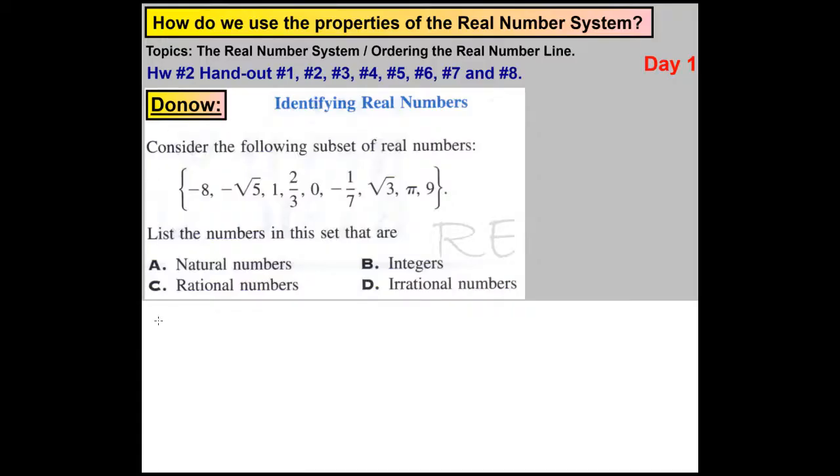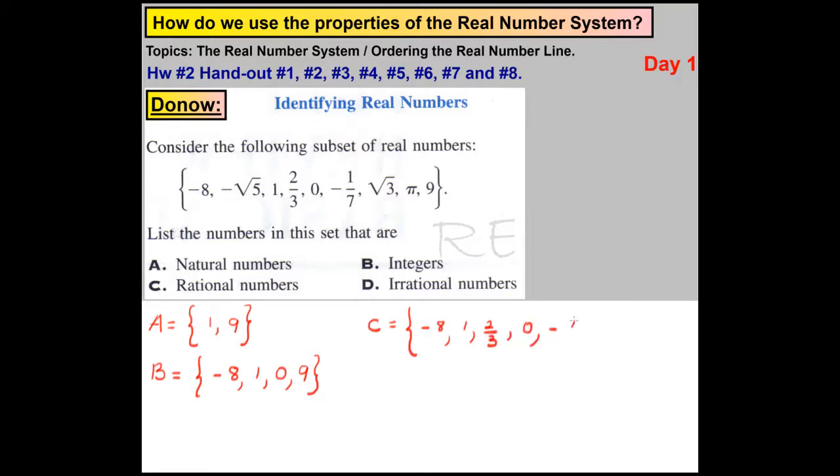Now, we will just solve the do now. We will identify the real numbers. For A it's 19, for B is negative 8109, for C rational numbers will be all the integers, and then we will add 2/3 and -1/7.